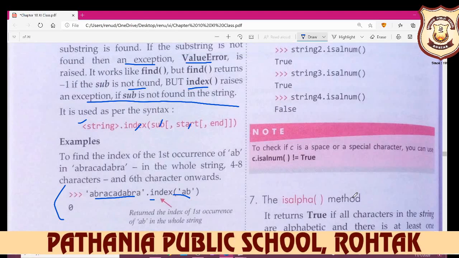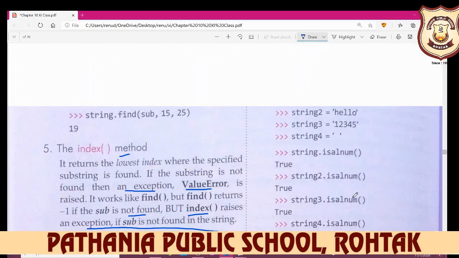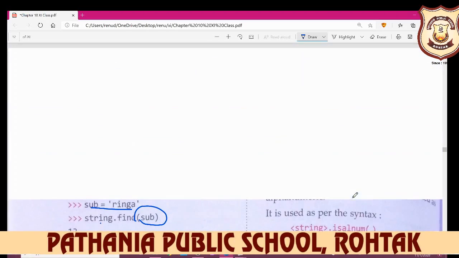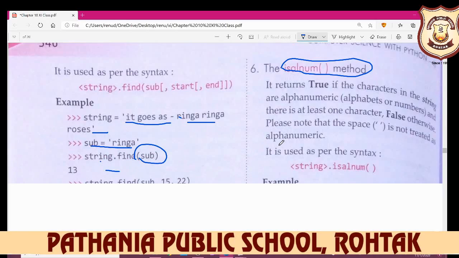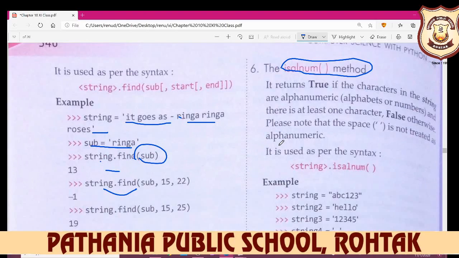So beta, you do the practical of all these functions on your PC, and learn all this practical manipulation. Now isalnum means you are checking whether the input string is alphabetic or numeric or not. So it finds out alphabetic values and numeric values.